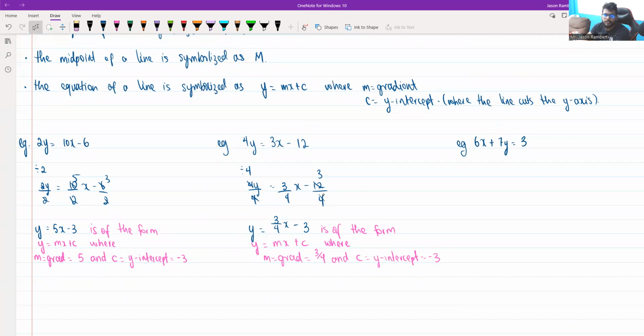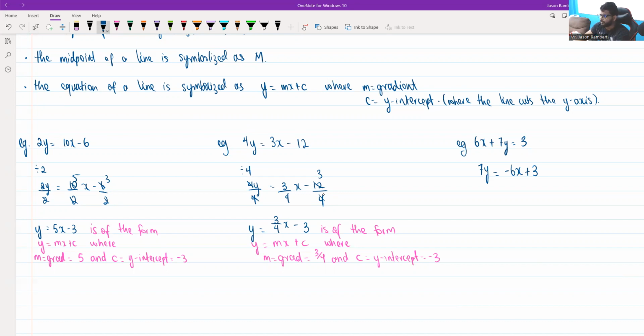Bring everything with y on the left. I already have everything with y on the left. Send everything else to the right side, but when I do, I want to put my x's first. So I'll have 7y is equal to minus 6x plus 3. Everybody comfortable with that movement?